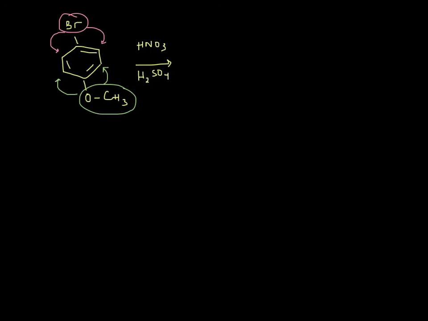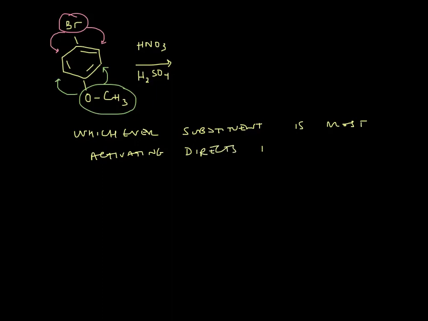And who wins? The answer in this case is the most activating substituent does the directing. So whichever substituent is most activating, you can think about that as the one that kind of gives them a stronger preference, directs the electrophilic aromatic substitution.